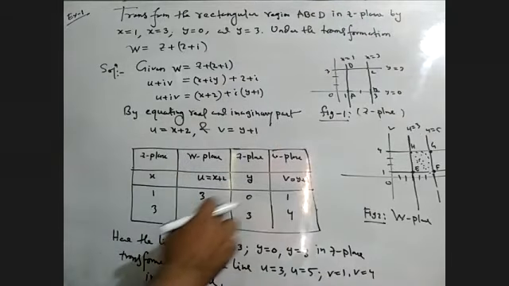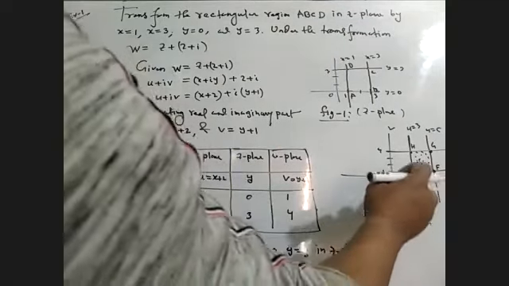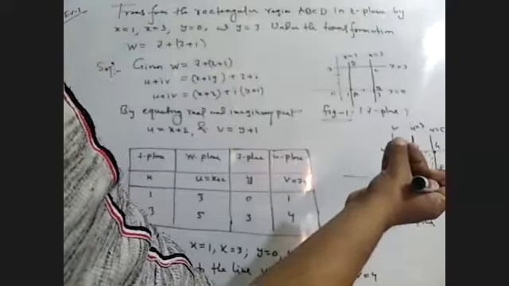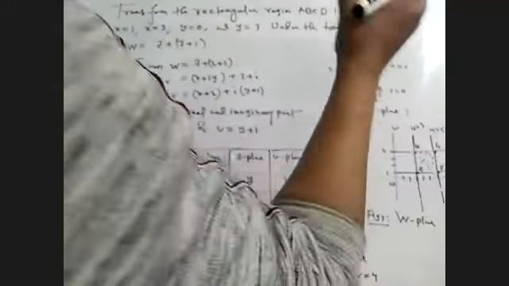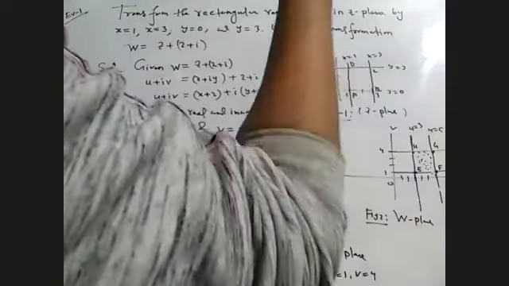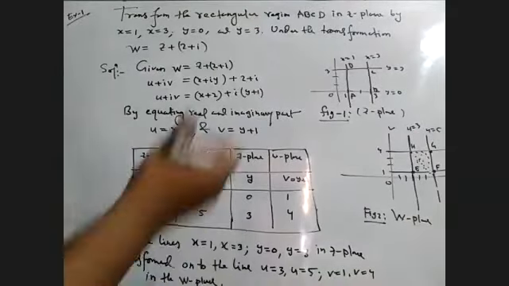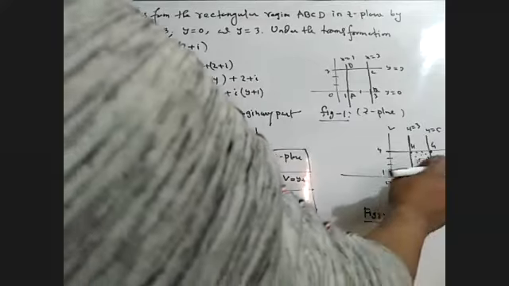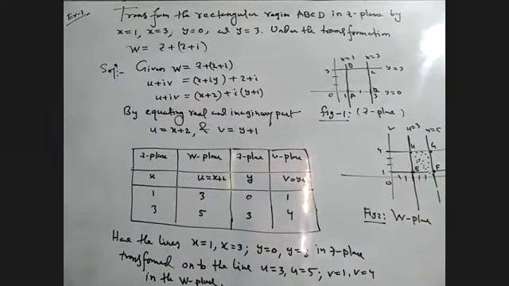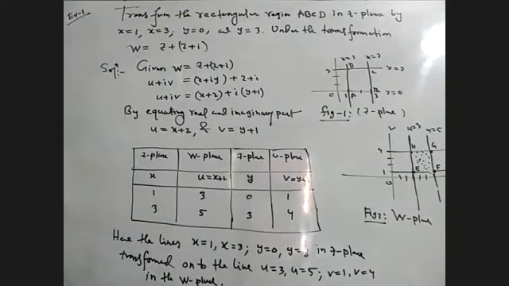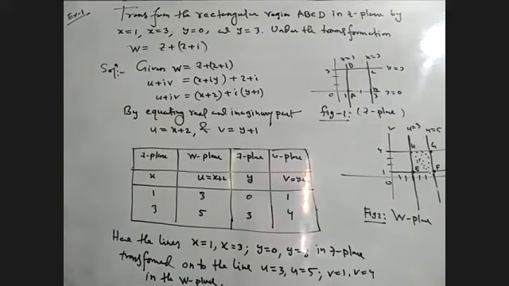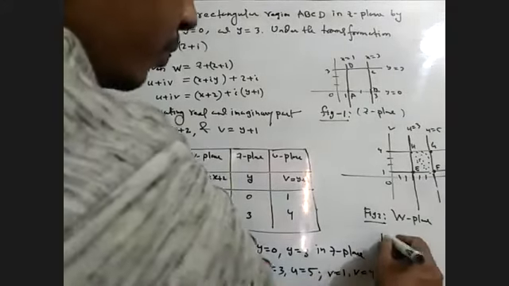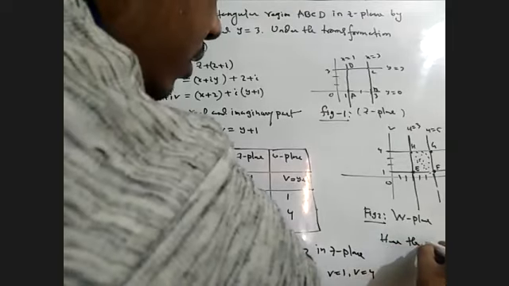This is the domain, this is the range, so there is a mapping: the Z plane transforms to the W plane.